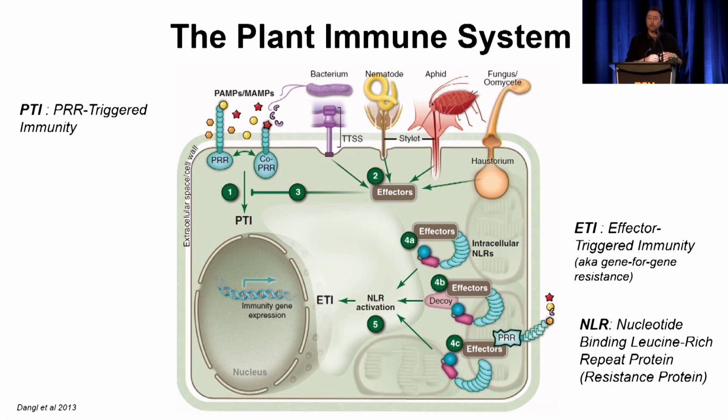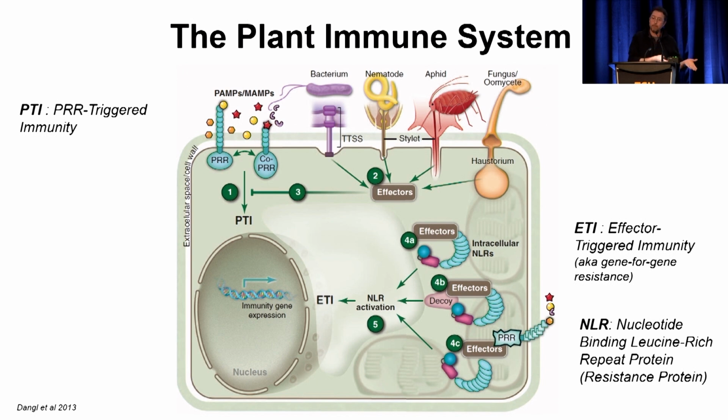And that mounts a first layer of immunity called PTI, or PRR-triggered immunity. It's not too important what the name is, but it's a broad spectrum immunity. It recognizes conserved microbial body parts, and it's able to protect the plant against most microbes that would like to live in a plant environment. But most pathogens have come equipped with these effectors, and they deliver them using different mechanisms.